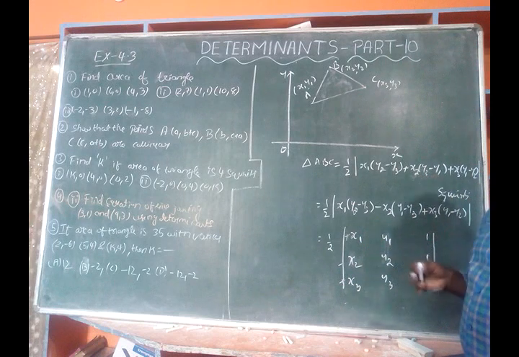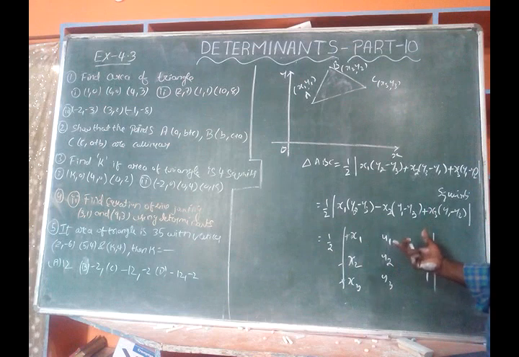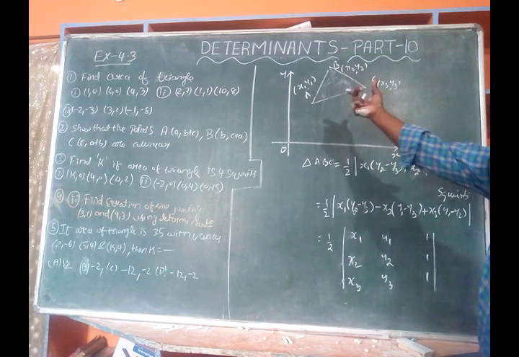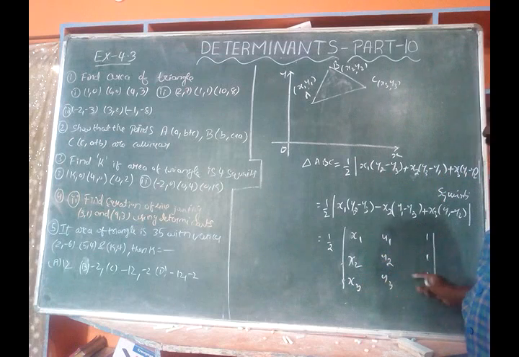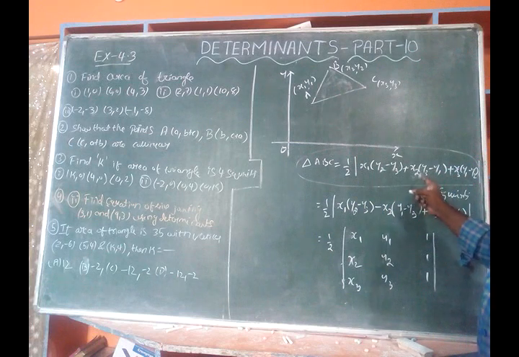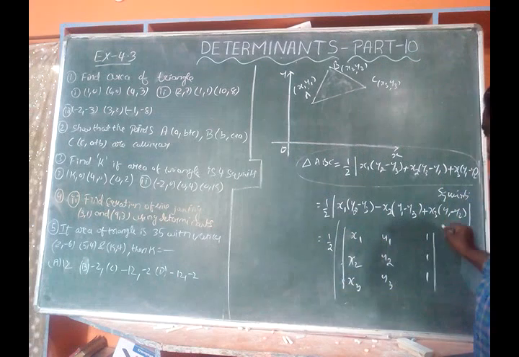So the area of a triangle can be converted into a determinant. In that determinant, the first point A is x1, y1, 1, the second point B is x2, y2, 1, and x3, y3, 1. So the area of the triangle whose vertices are given is this formula, of course in modulus.